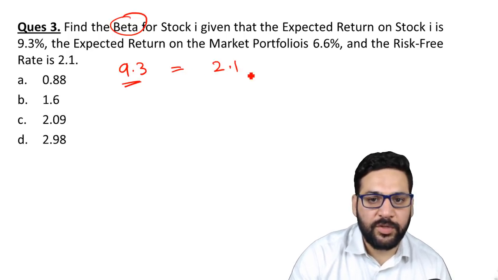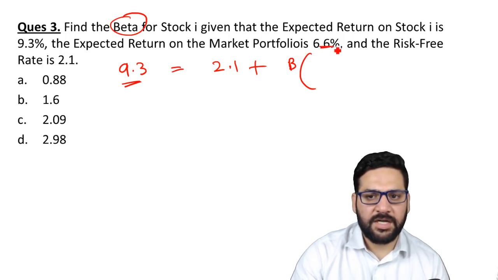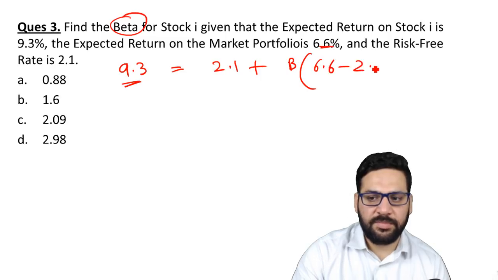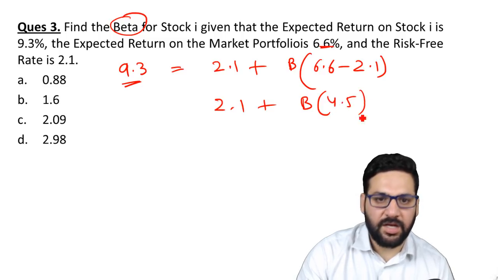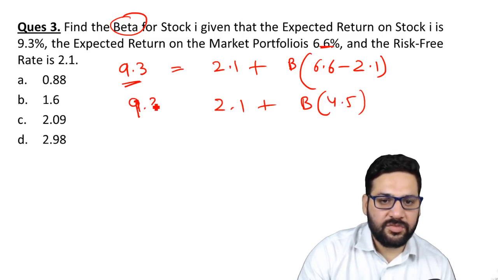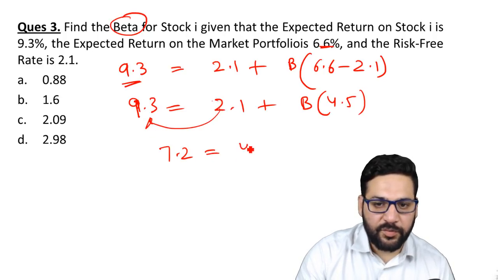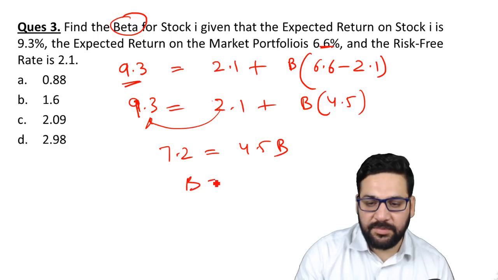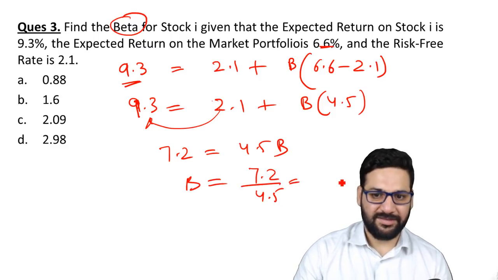Risk-free return is 2.1 plus beta, and let's deduct the market portfolio return 6.6 minus the risk-free return. So it becomes 2.1 plus beta times 4.5, equal to 9.3. So it becomes 7.2 is equal to 4.5 B, and the beta becomes 72 divided by 45.